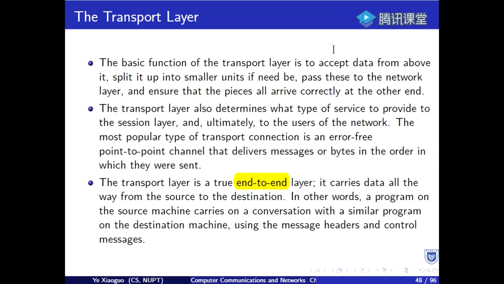The transport layer also determines what type of service to provide to the session layer, and ultimately to the users of the network. The most popular type of transport connection is an error-free point-to-point channel that delivers messages or bytes in the order in which they were sent.